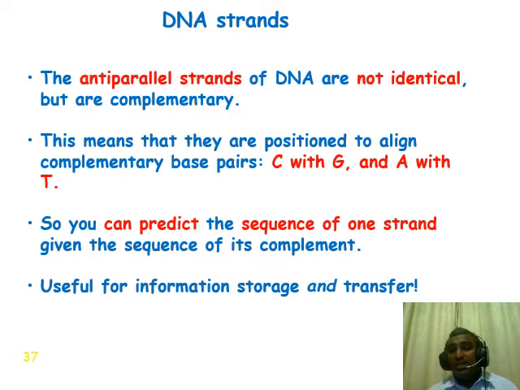Which also means if I were to give you the sequence of one strand of the DNA, it is possible for you to find out the sequence on the other strand by looking at the strand that has been given to you.